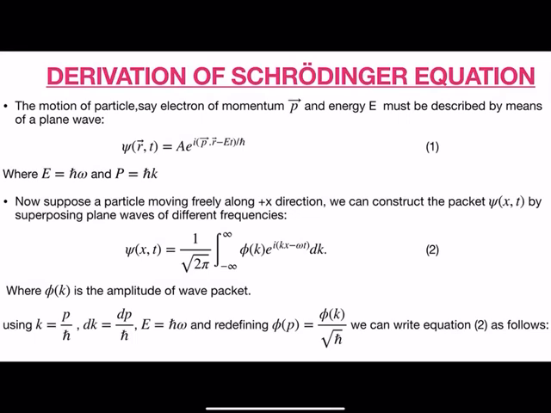So okay, starting my video, I will briefly describe how to describe the motion of a particle with some momentum p and energy E. The equation which you are seeing as the first equation is basically something you already know.